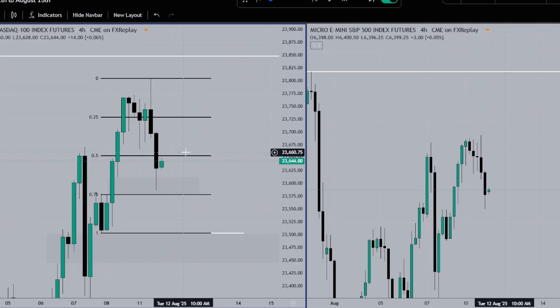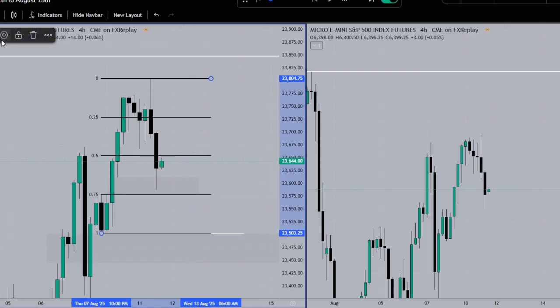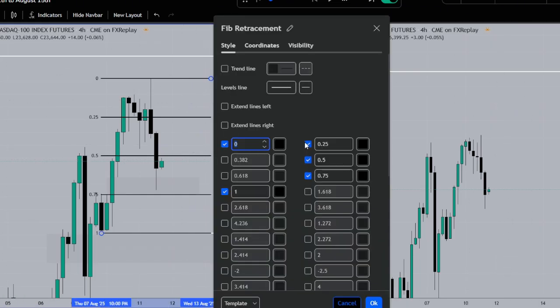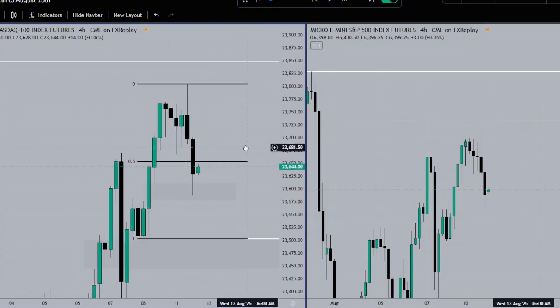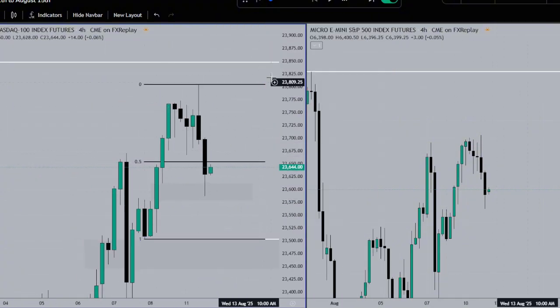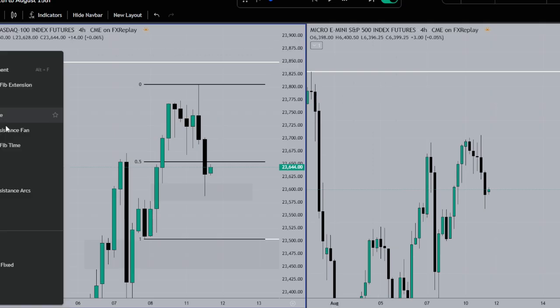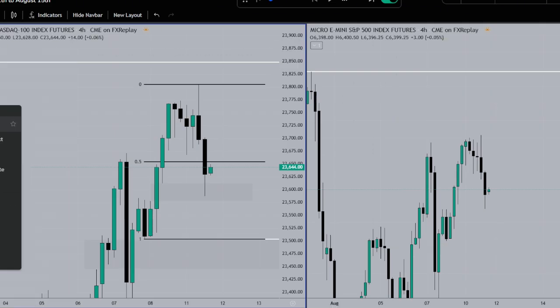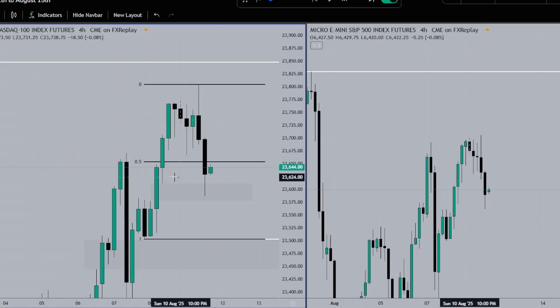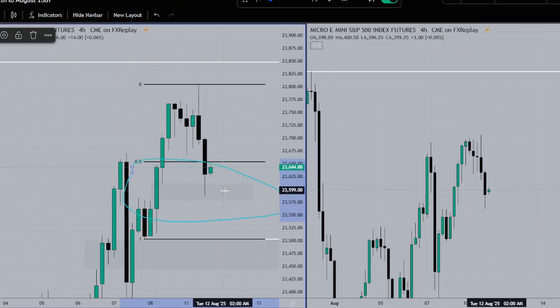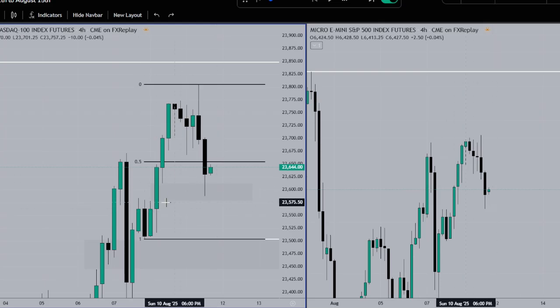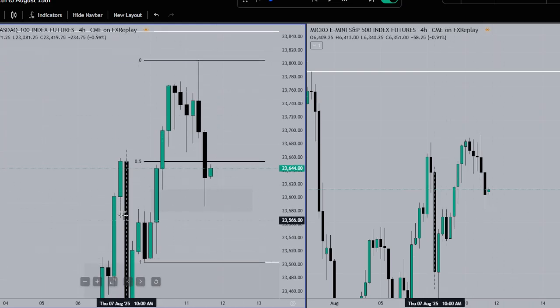So in this range right here, let me just remove quadrants like this and keep it simple. So the 0.5 here, anything below the 0.5 is going to be a discounted PD array, right? So this is a discounted 4-hour fair value gap that we might react off to, right?